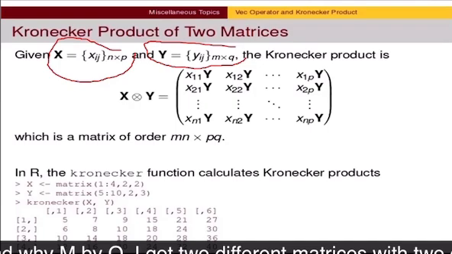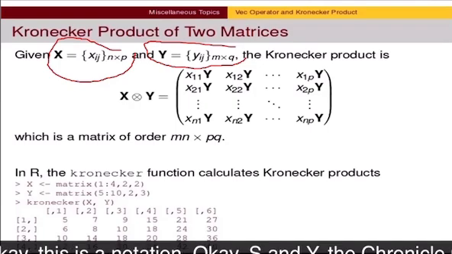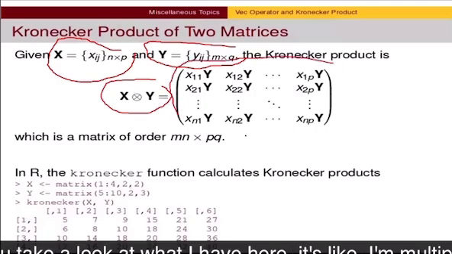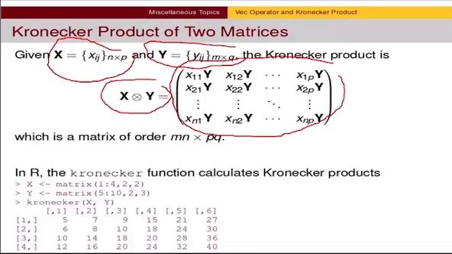How do I obtain a Kronecker product? This is the notation, S and Y. If you take a look at what I have here, it's like I'm multiplying each and every element in S by the matrix Y. That's why you see Y all through.